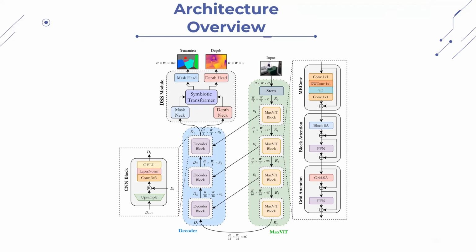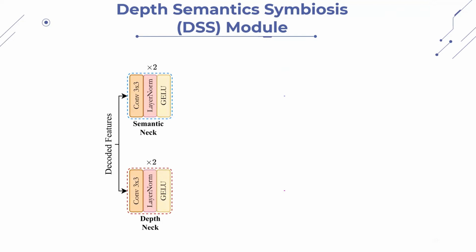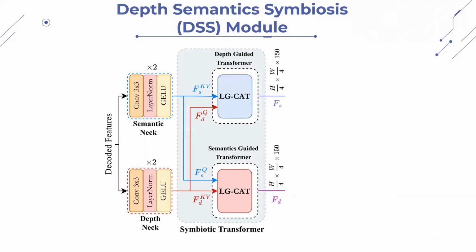Let's dive deeper into how our proposed Depth Semantics Symbiosis module, in short DSS module, works. First, the decoded features undergo individual processing through distinct neck blocks, generating independent depth and semantic features. Then these features are fed into Symbiotic Transformer for information sharing within both local and global contexts, resulting in depth-aware semantic and semantic-aware depth features.